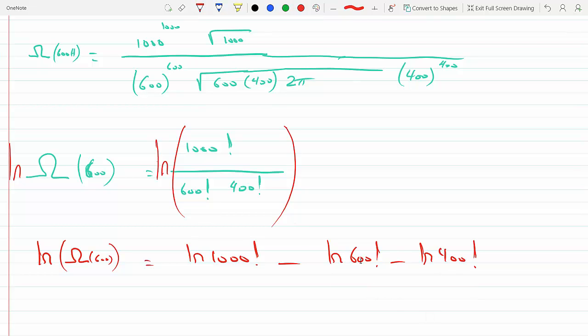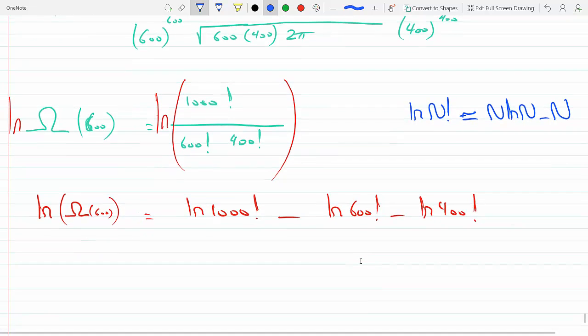The reason I did this is because there is a nice way to approximate ln n factorial when n is very large, which is equation 216 in your book: n ln n minus n. So once the first method fails, you can always resort to this one, because we have all factorials here, so I could use that to simplify each one of these.